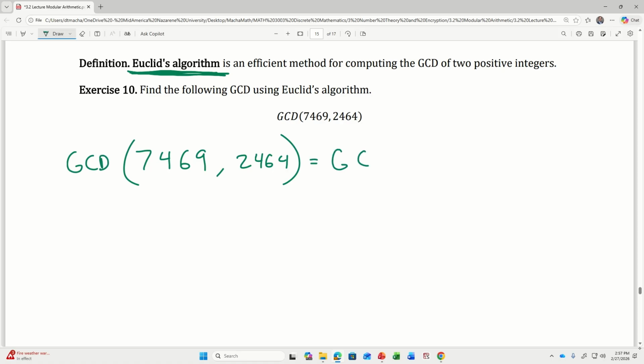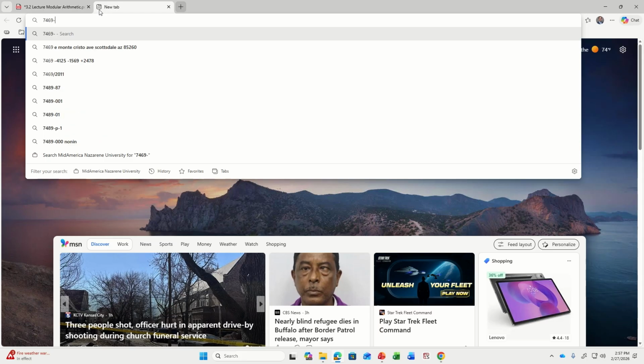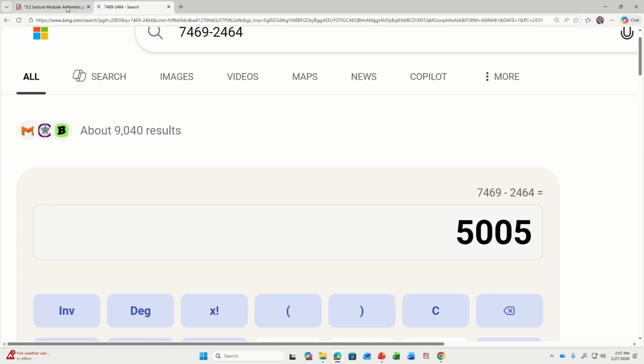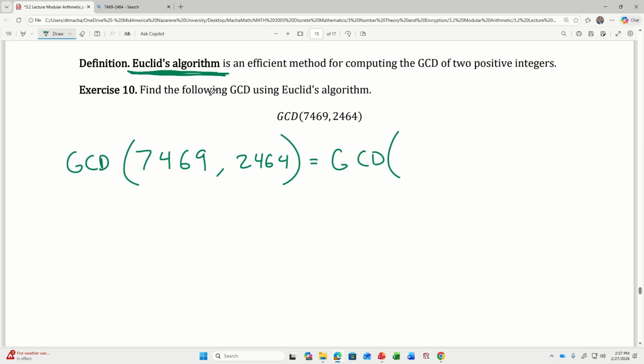And then you subtract the smaller number. So like, what's 7,469 minus 2,464? 5,005. And these are the same. The greatest common divisor doesn't change when you subtract the smaller number from the larger number.